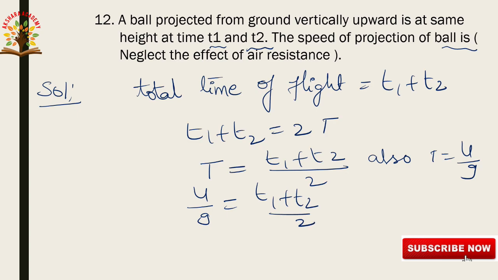Here we are taking cross multiplication: 2u is equal to g of t1 plus t2, or u is equal to g by 2 of t1 plus t2. U is the speed of projection of the ball. This is the final answer.